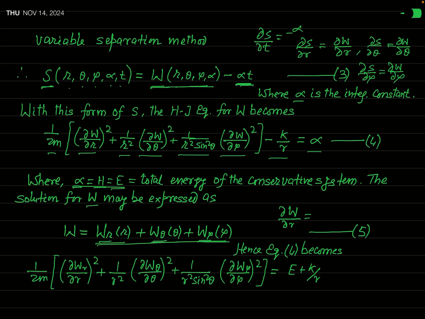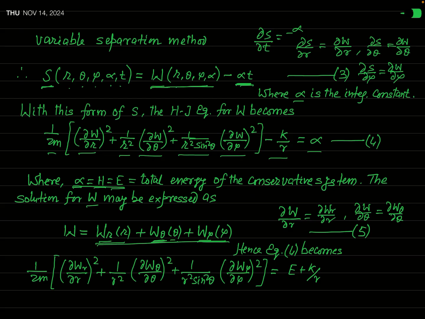This W theta and W phi are independent of R. They are not explicitly dependent on R. So this del W by del R will be simply equal to del W_R by del R. Similarly, when you find del W by del theta, that will be del W theta by del theta, because W theta is a function of theta.